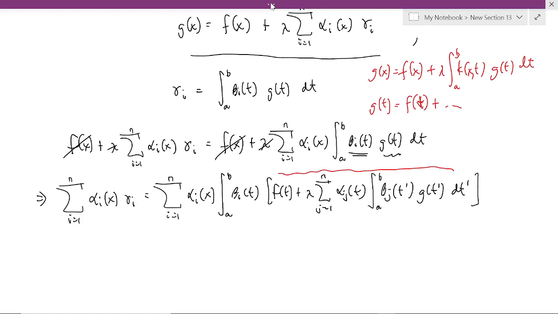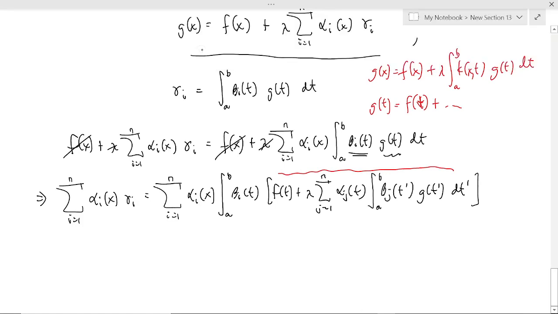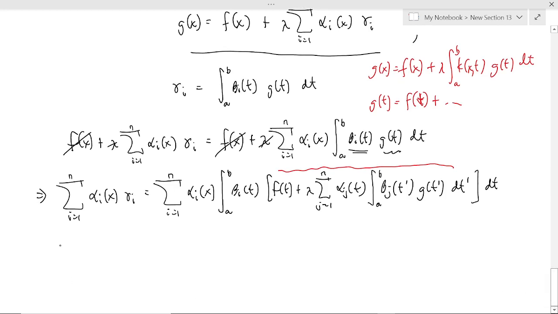Of course, now there is still dt. So we simplify this one. Obviously now this is very straightforward.